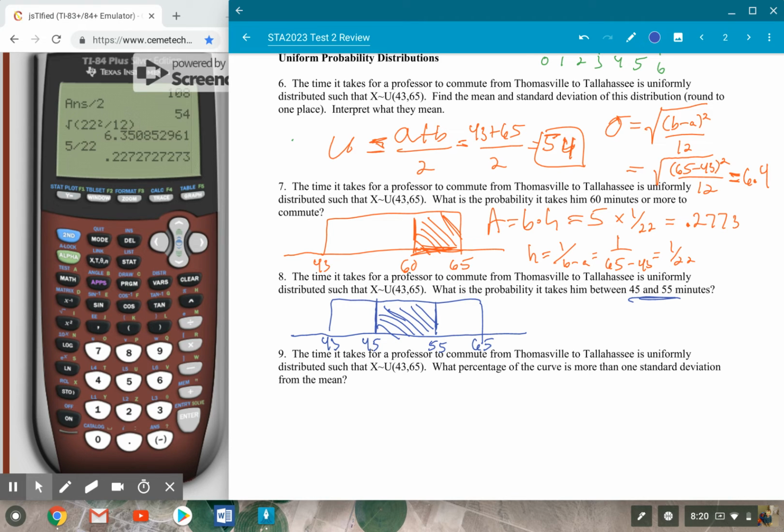Once again, another rectangle, which has an area of base times height. This time the base, this is a 10-minute gap from 45 to 55. You could just subtract those two. Height is still the same. It's 1/22. So we're looking at 10 divided by 22, which gives me 0.4545.